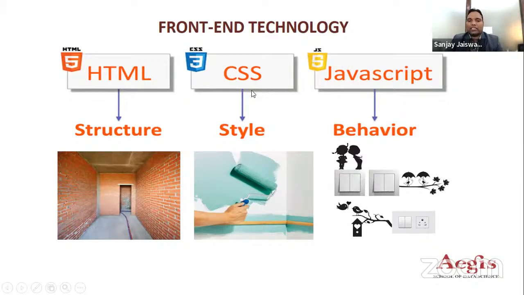Altogether, HTML, CSS, and JavaScript can be used to create your front end. In this session, we are going to create a simple HTML file, use some CSS properties, and maybe some JavaScript, but mostly we will focus on HTML and CSS. For JavaScript, we have a separate dedicated session.